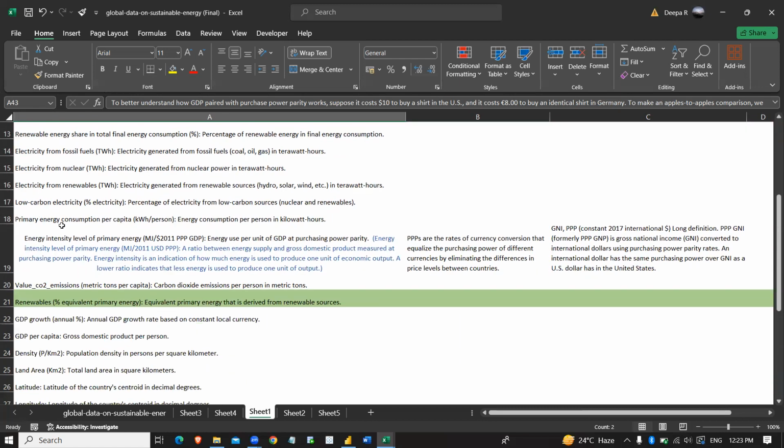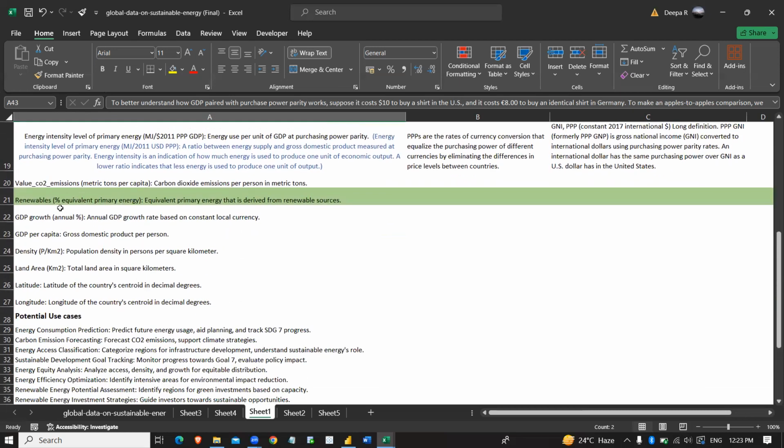And then primary energy consumption per capita, and then energy intensity level of primary energy, that is nothing but energy use per unit of GDP at purchasing power parity. Then value CO2 emissions, metric tons per capita, and renewables, that is equivalent primary energy derived from renewable sources.